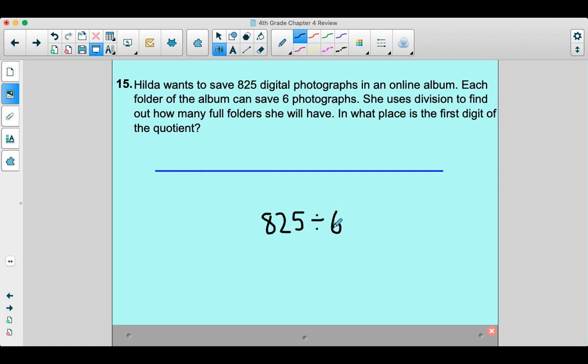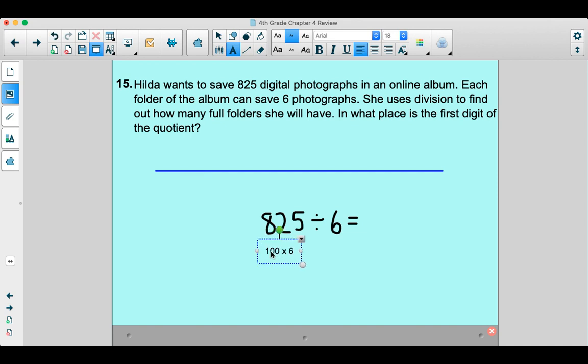Now, we have to really understand what the question's asking us. It says, in what place? So will it be in the ones place, tens place, hundreds place, thousands place? So in what place is the first digit of the quotient? All right, so basically I'm using 100 times 6 as a basic fact to help me, which is 600, right?